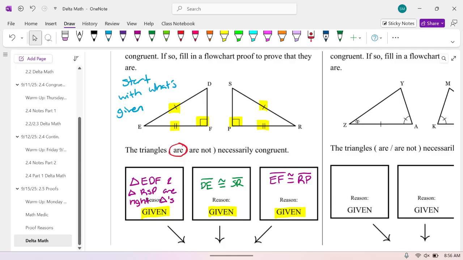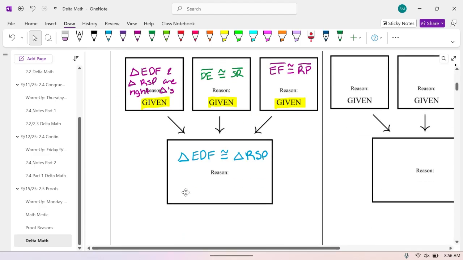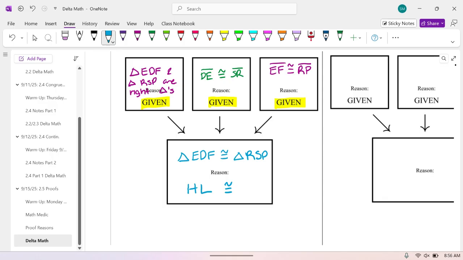Hypotenuse leg, good. So the two hypotenuses are congruent. Two of the legs are congruent. So we can claim that they're congruent because hypotenuse leg. That's all we would have to state. So this one was a relatively easy proof because basically we were already given everything. We just had to state what postulate made them congruent.